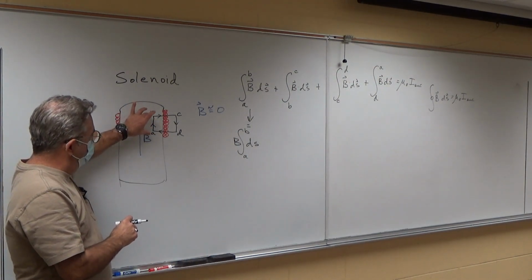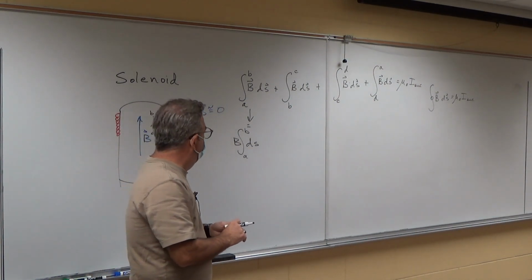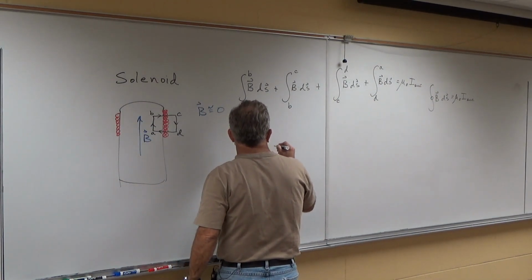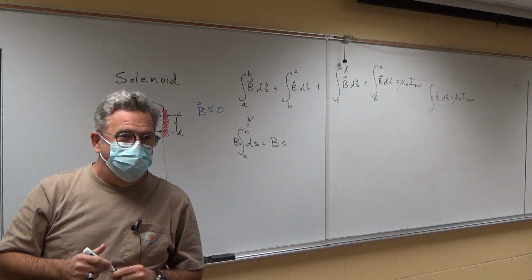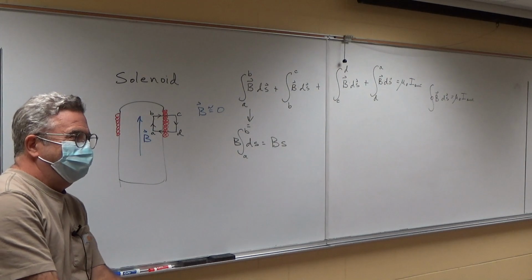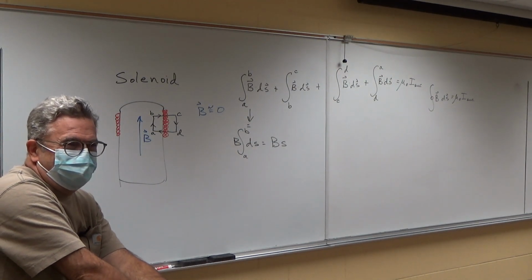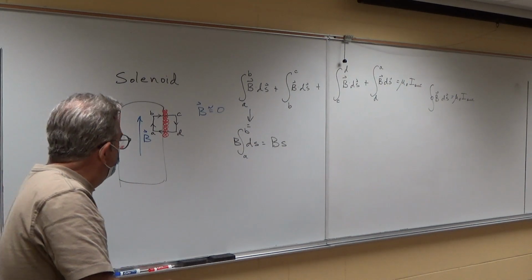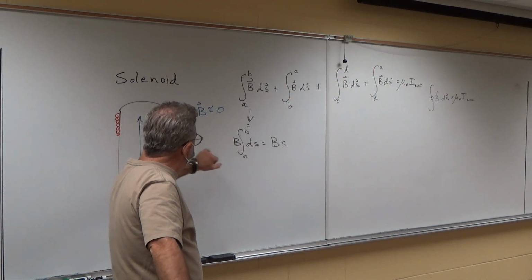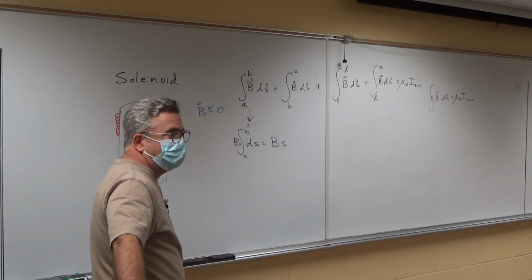I'm going to call that little length S, why not? So this is equal to BS. You knew that all along. Okay. I like that result. That's just that little length here times the field, B.